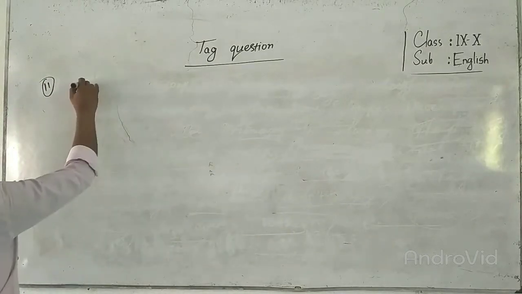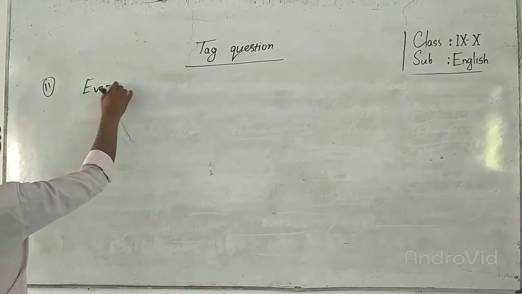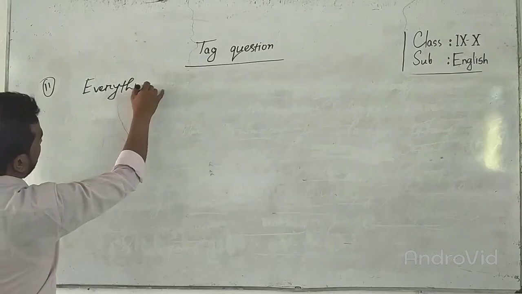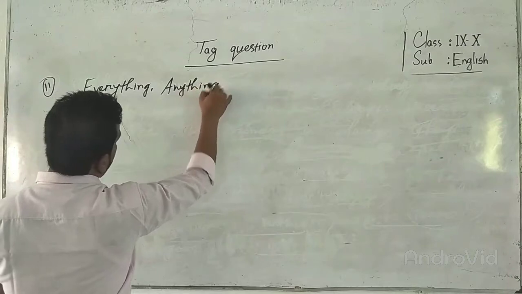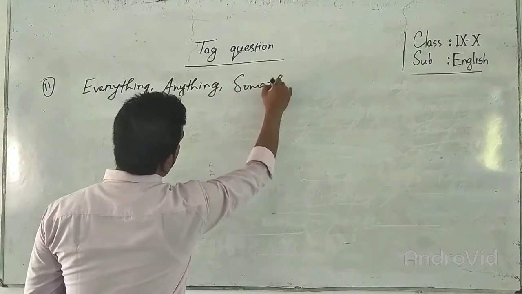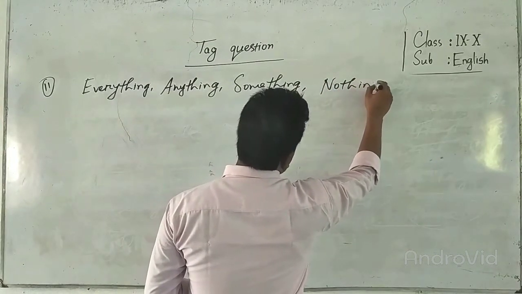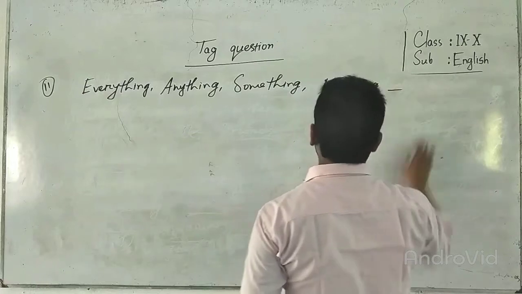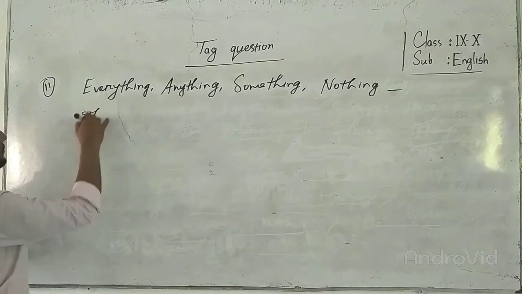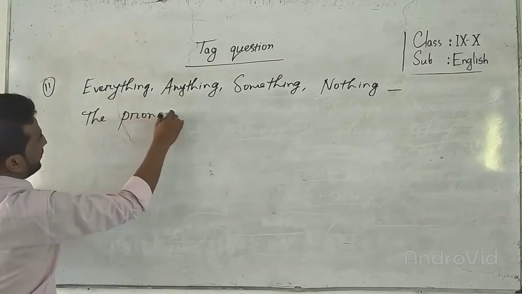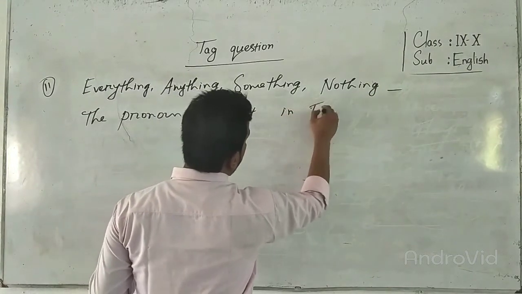If there is everything, anything, something, nothing takes place in a sentence, the pronoun is it in tag.